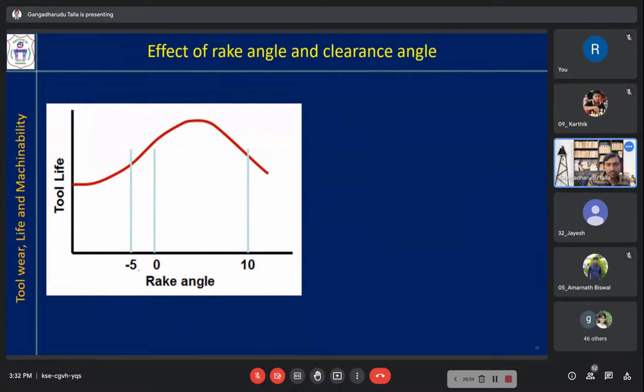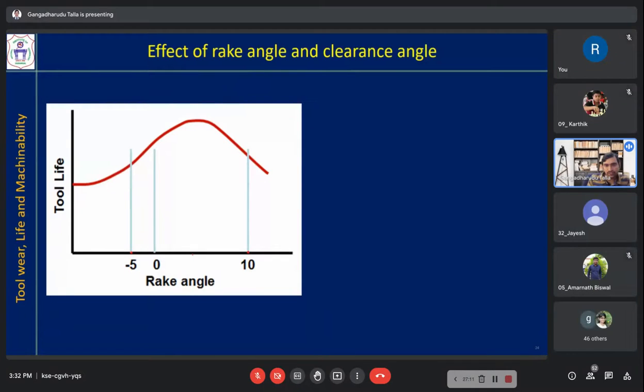Now, rake angle generally varies from -5 to 10 degrees on a single point turning tool.